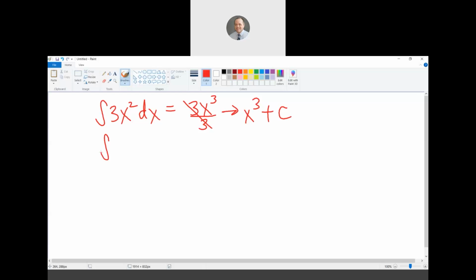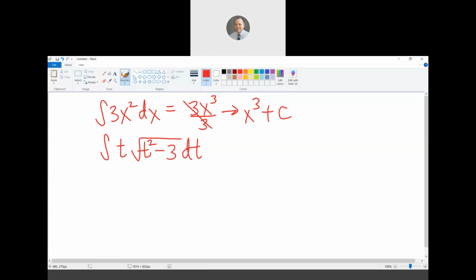But what if you had something like this? Well, you can't use the power rule for antiderivatives there. We hadn't talked about any other integration techniques.